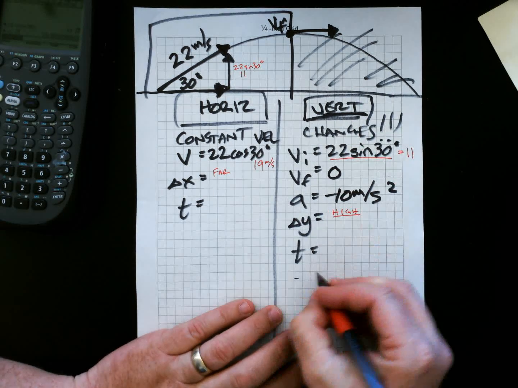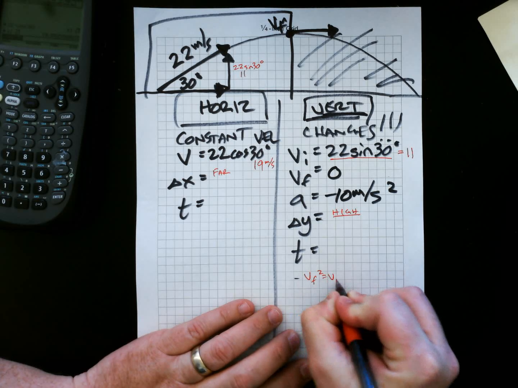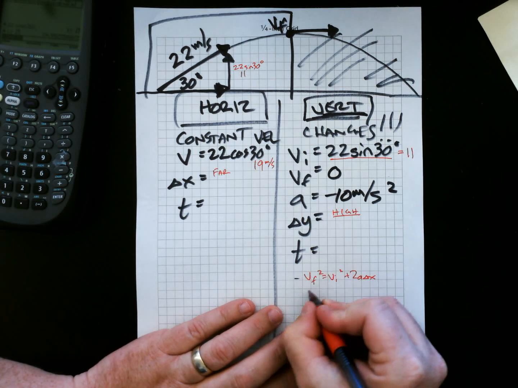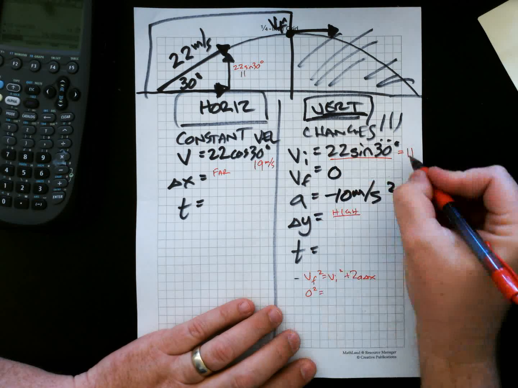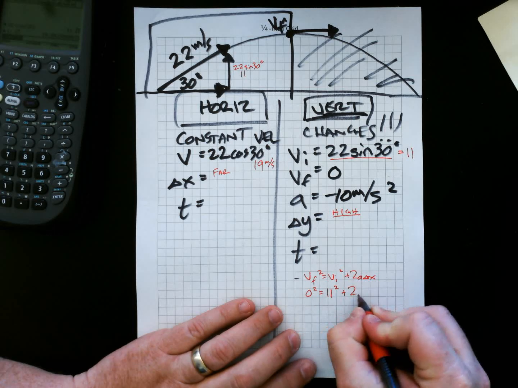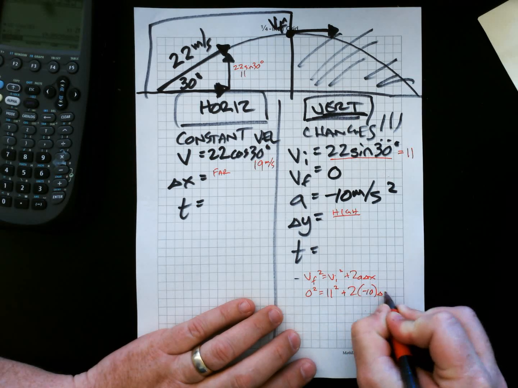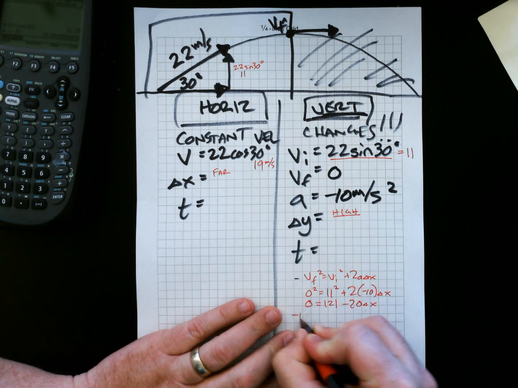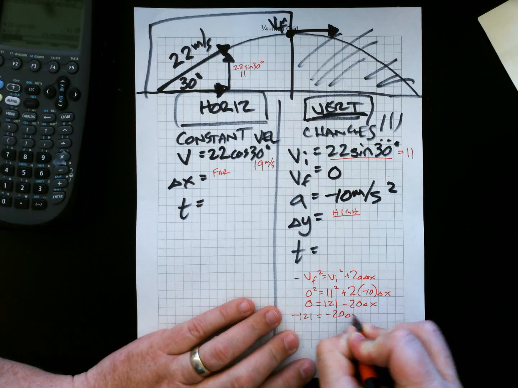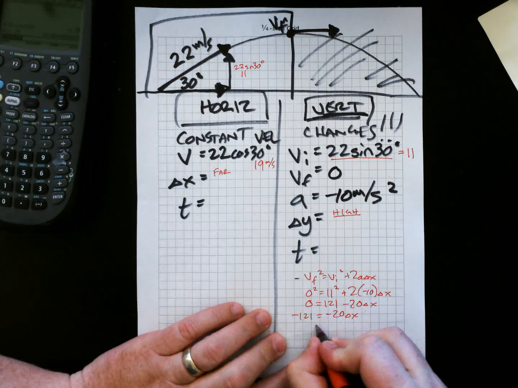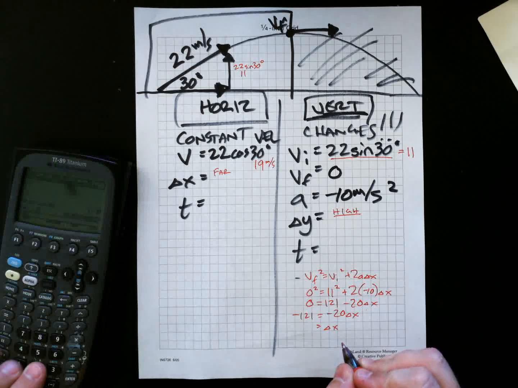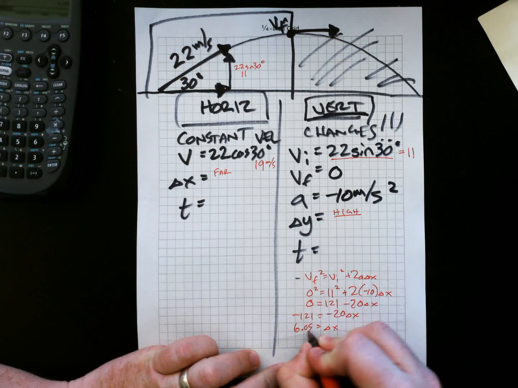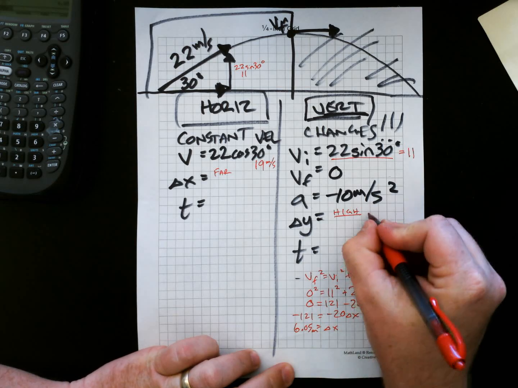On this right side, I would do VF squared equals V initial squared plus 2A delta X. V final at the top is 0, V initial is 11, so you have 0 equals 121 minus 20 delta X. So I get negative 121 equals negative 20 delta X, so I get a delta X of 6.05 meters.